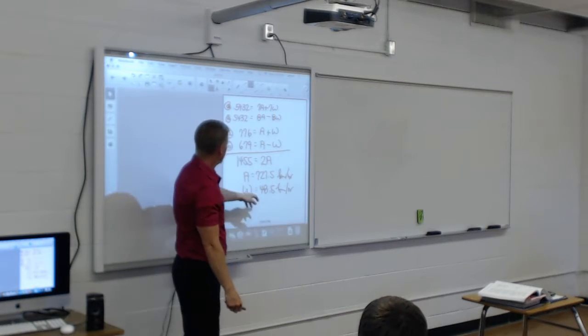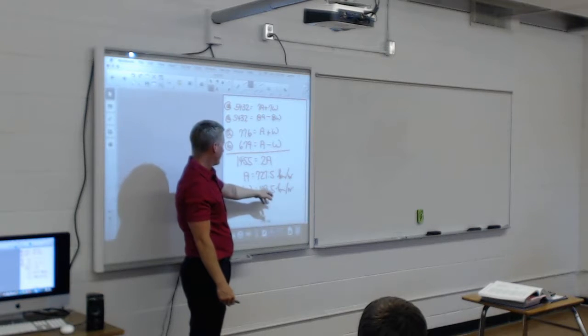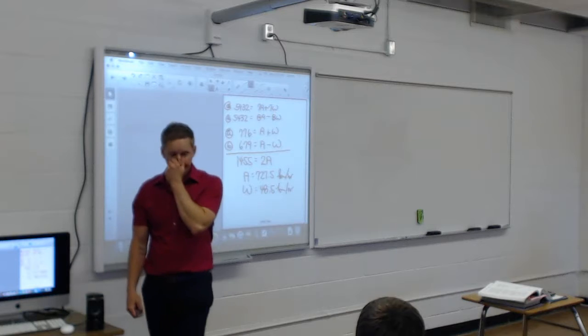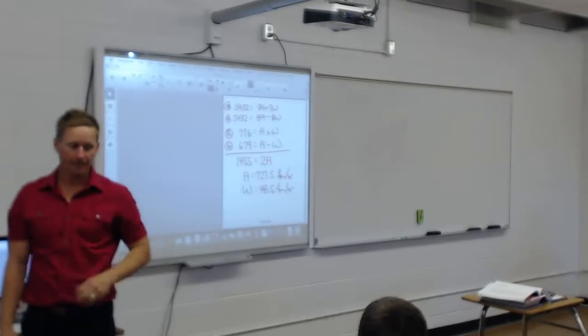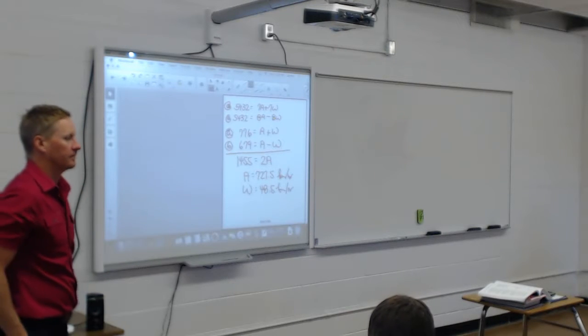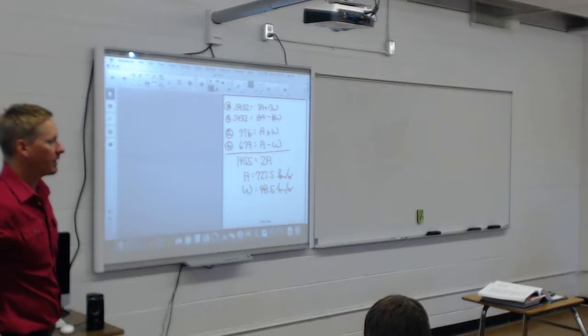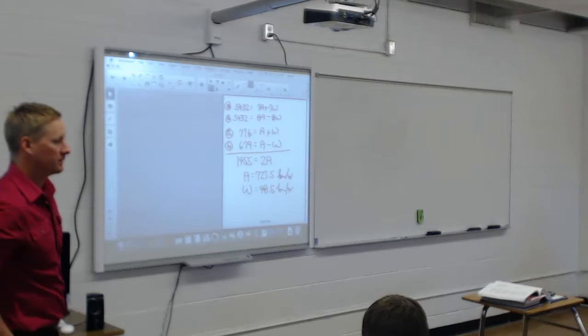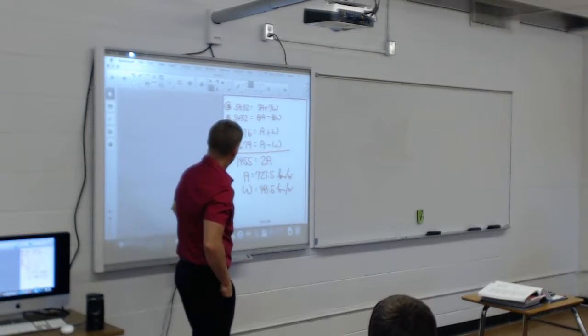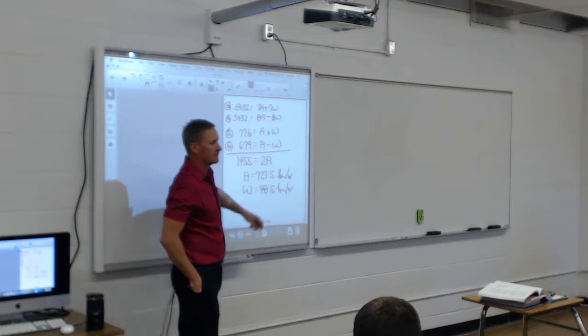All right. Let's take 727.5, subtract 48.5, and what do I get? 679. Is that what I was supposed to get? 679. You should get that. That's right.